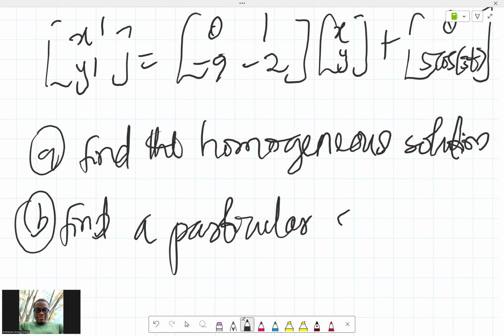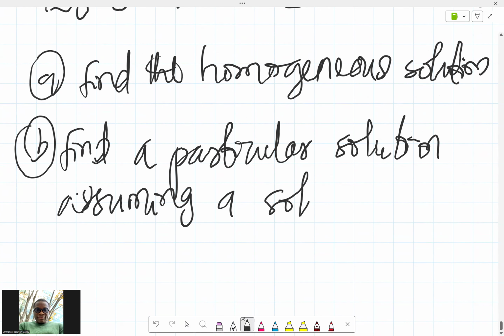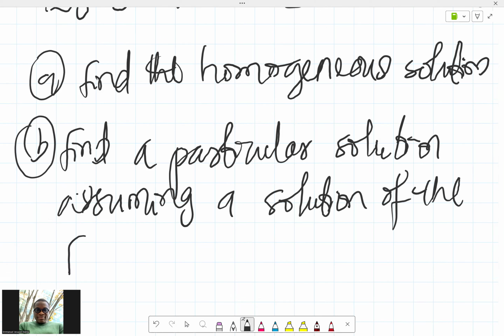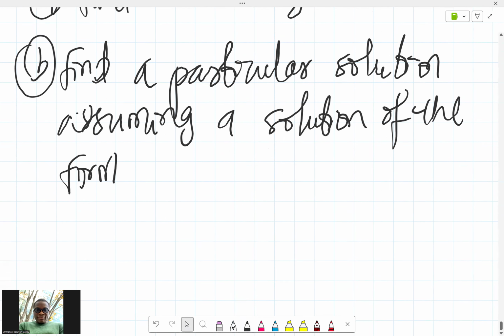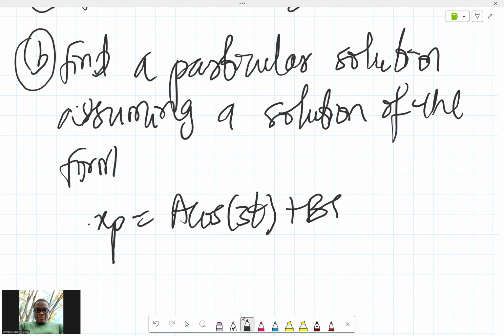B, find a particular solution, assuming a solution of the form xp equals a cos 3t plus b sine omega t.